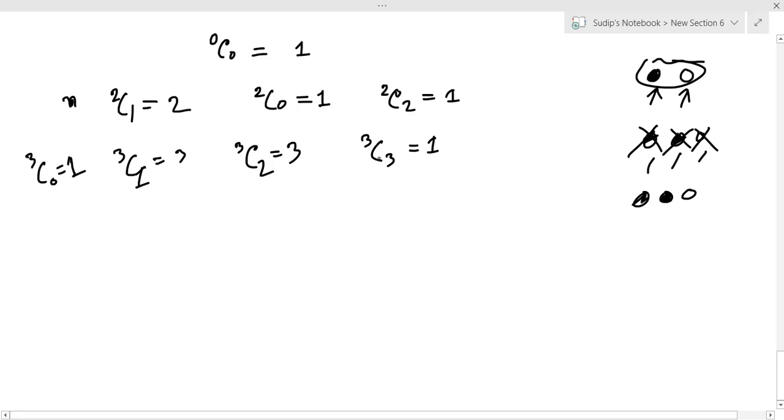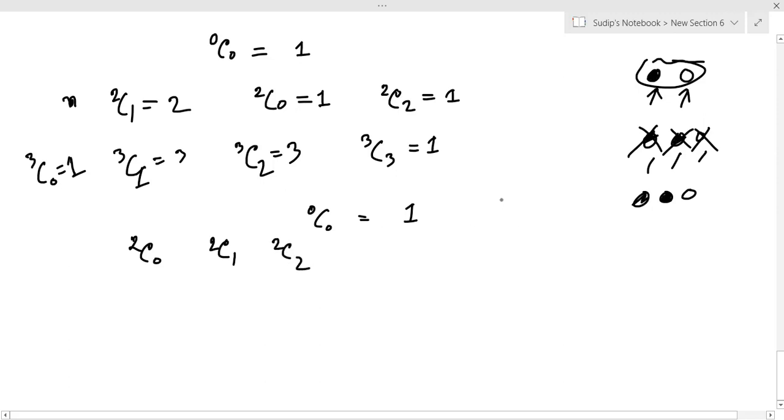So what we get actually is 0C0 is equal to 1. If we consider choosing from two balls, we can choose like this: 2C0, 2C1 and 2C2.